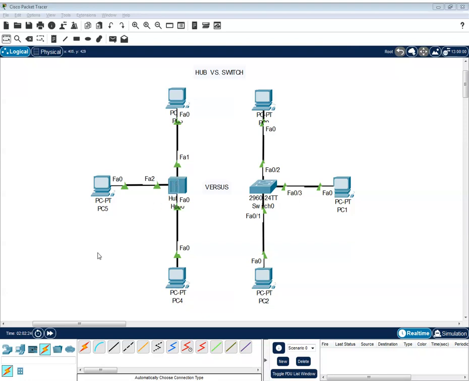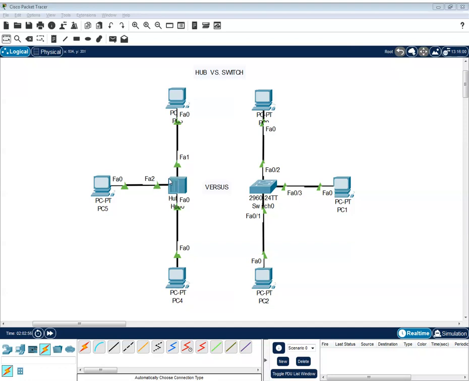It cannot happen simultaneously because it has only one collision domain. Unlike the switch, which can create multiple collision domains. That is why communication on the network can happen simultaneously. While here, again, it has only one collision domain, and the flow of the network is one at a time. So the worst thing that can happen is it will affect the performance of this network.